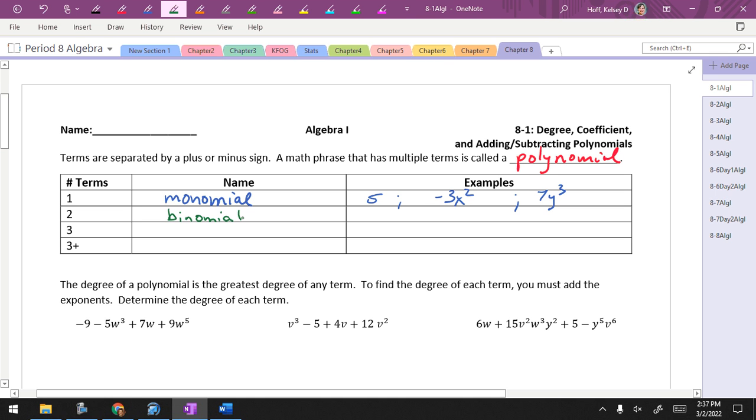So we could have x plus 5. We could have 3y minus 17x squared. We could have negative 12x squared y cubed minus 3y. As long as there's no plus or minus in there, that's one term.